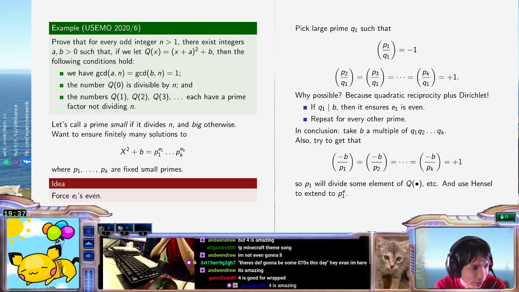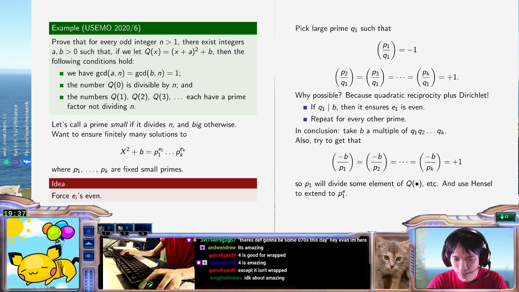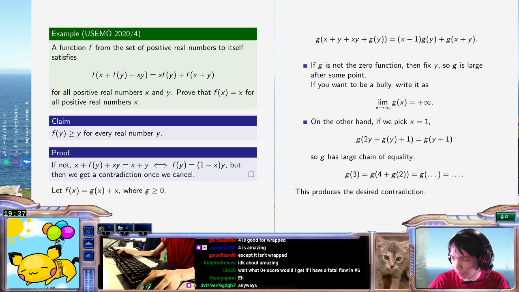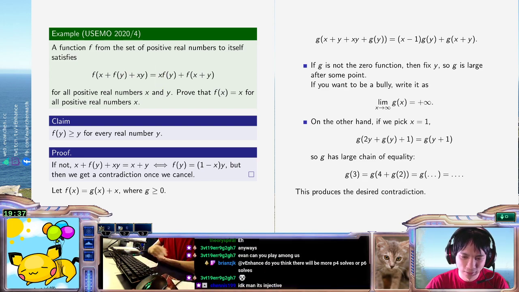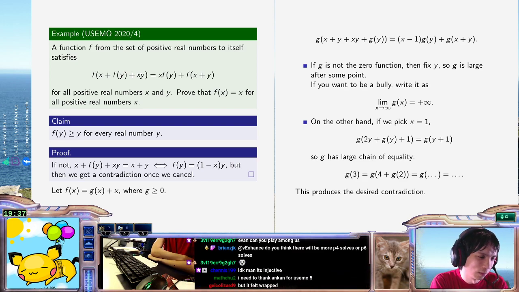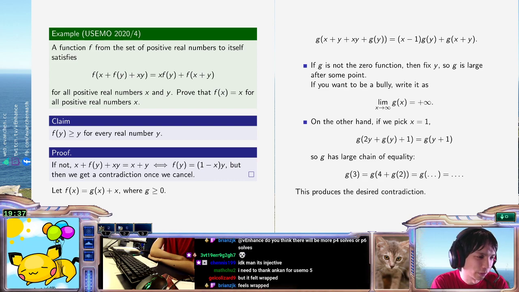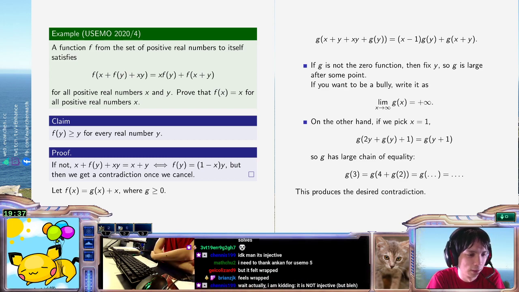Yeah, for a wrapped FE, this one's quite good. It isn't wrapped? Oh, okay. It's not really. It has that same feeling though, I think. Do you think there will be more Problem 4 solves or Problem 6 solves? Problem 4. I'm sorry to hear that people don't think 6 is as hard as I thought it was. I think during the review, people thought 6 was impossible.